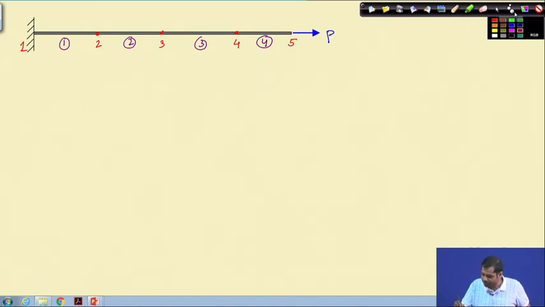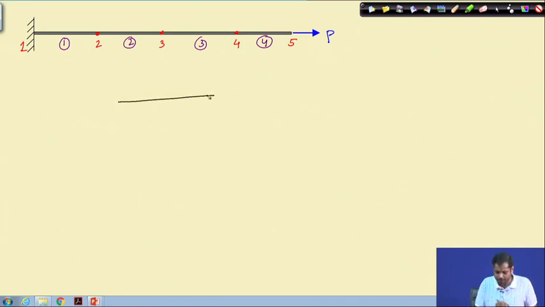Take a representative element like this. Suppose this is connected between node number 1 and node number 2.